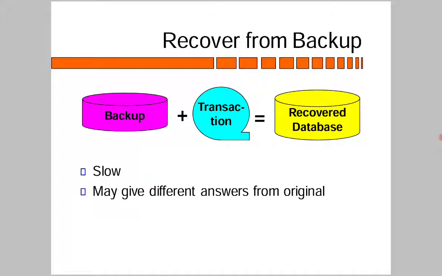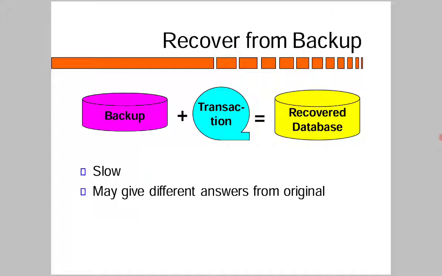So recovery, how to recover a database from backups. Generally backups are maintained and kept in a separate place, not in the original location. By using some transaction only, the backup will be replaced, that is the recovery.